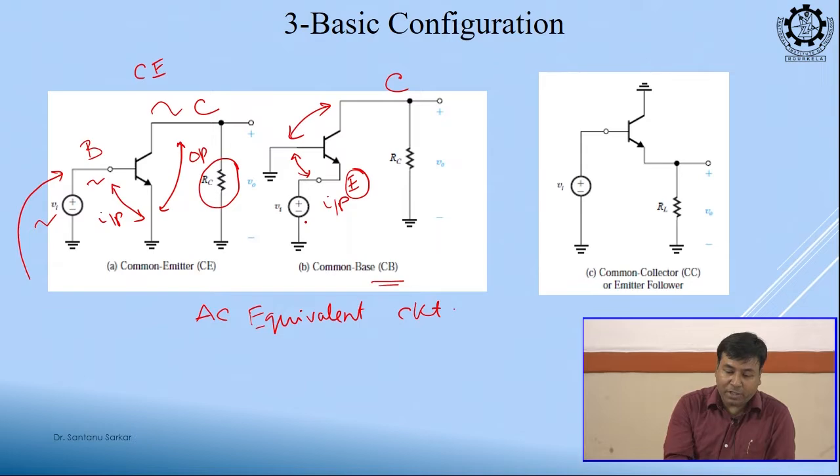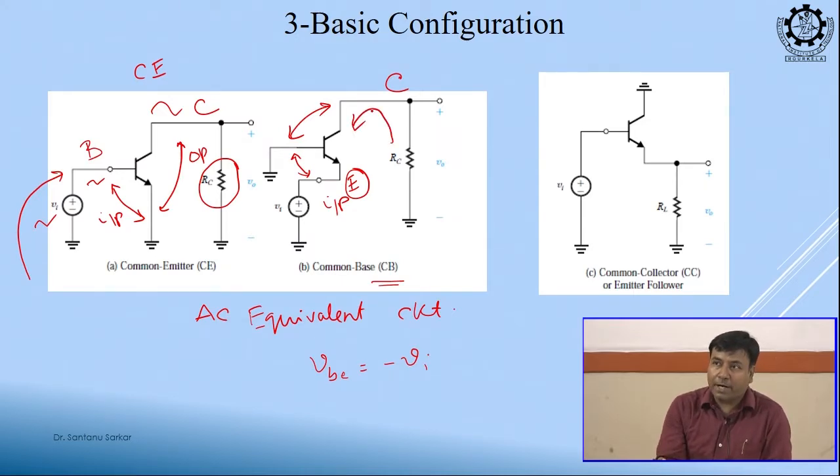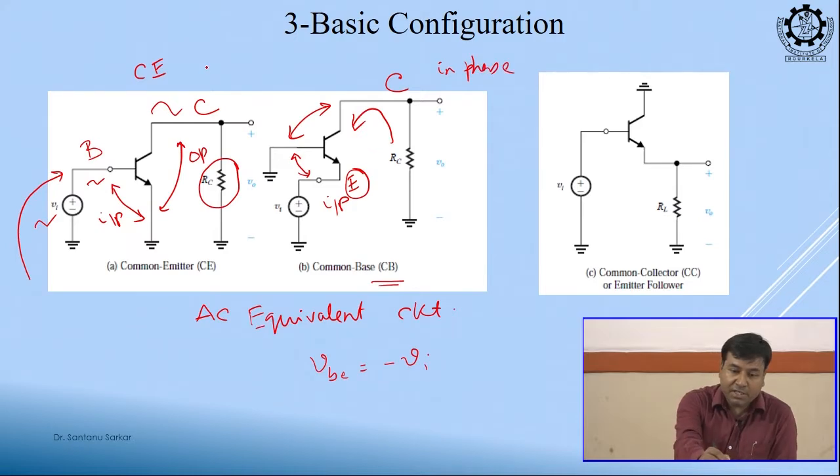So, Vb, what is Vb? So, this will take care of this opposite direction of current flow. So, in this case it will be in phase, this is out of phase.